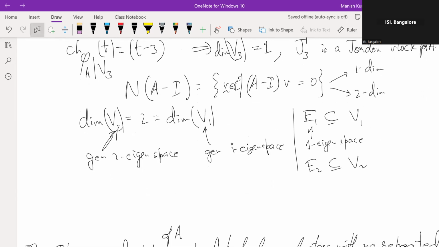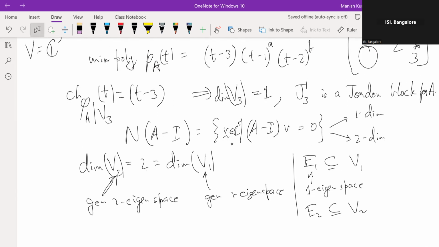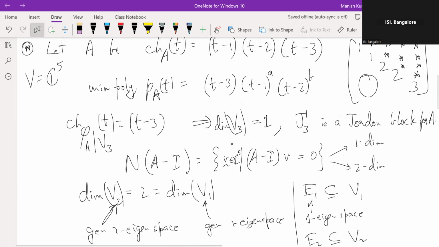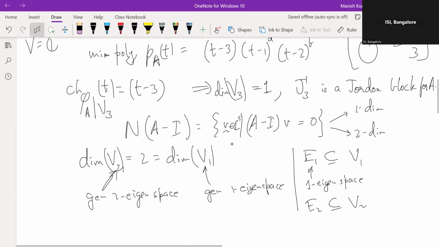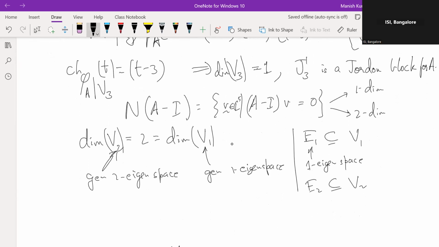To determine the dimension of the eigenspaces E1 and E2, you'll have to do this calculation. That will depend upon the matrix, but it's a smaller calculation than computing the whole of P. One can do that by looking at the matrix a little bit. So there are two cases.